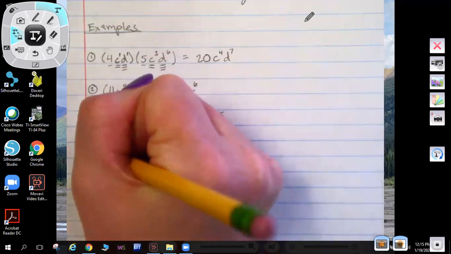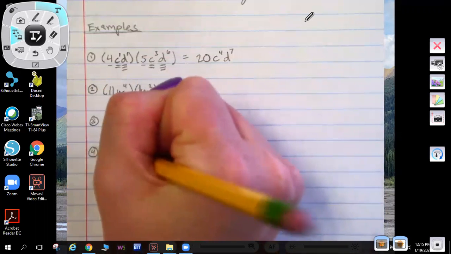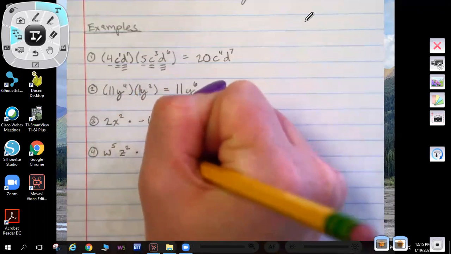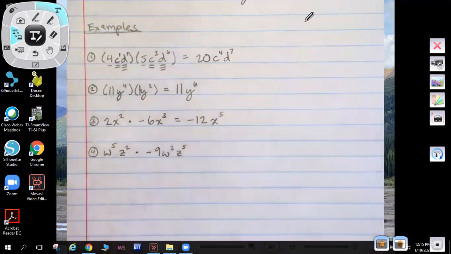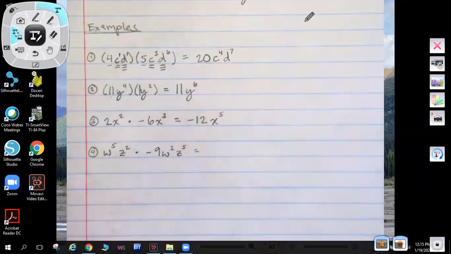All right, one more. w to the 5th z squared times negative 9 w squared z to the 5th. All right, multiply coefficients.